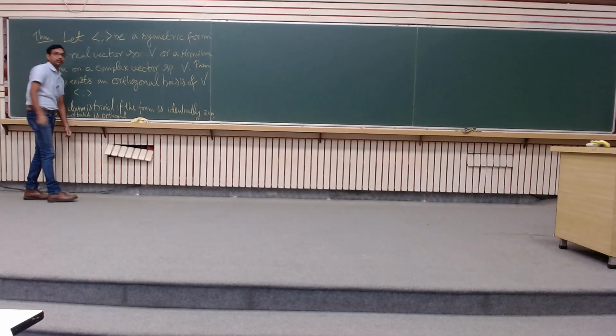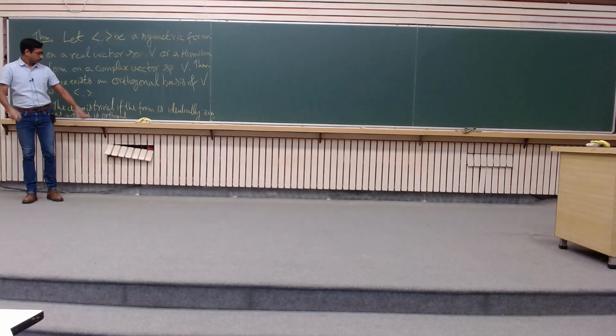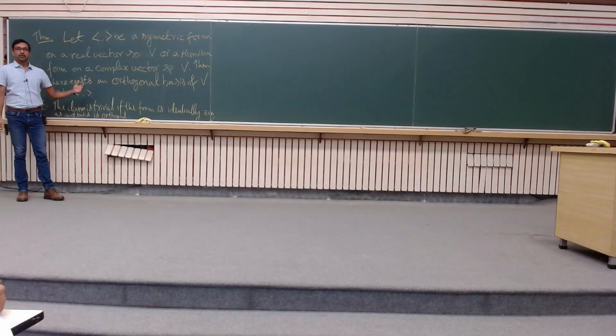Okay. Is that point clear to all of you? Because if it is identically 0, you put any two vectors, you are just getting 0 as an output, right? So that's true for all the basis vectors. So that means the basis is orthogonal.